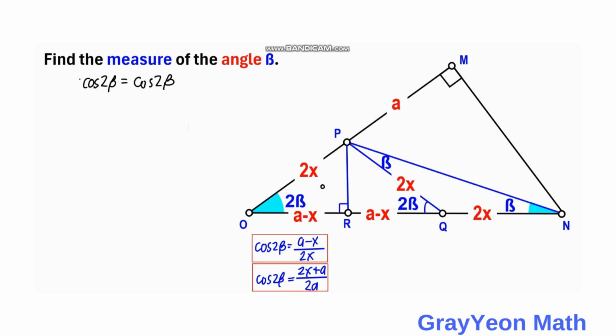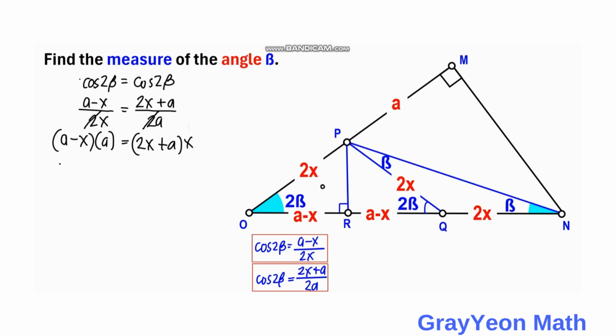Next we equate the two equations we got. Cosine 2 beta equals cosine 2 beta, so on the left we have a minus x all over 2x, equal to 2x plus a all over 2a. We can simply cancel the 2 and 2 on the right-hand side. So a minus x times a, cross multiplying, is equal to 2x plus a times x.